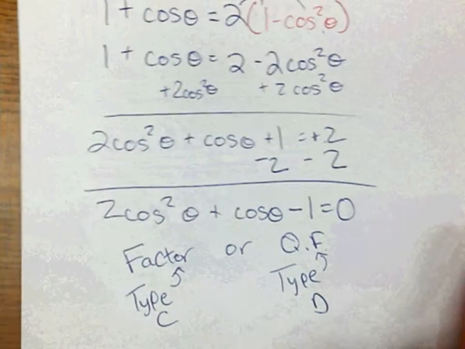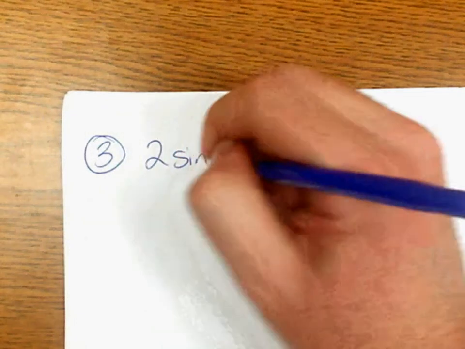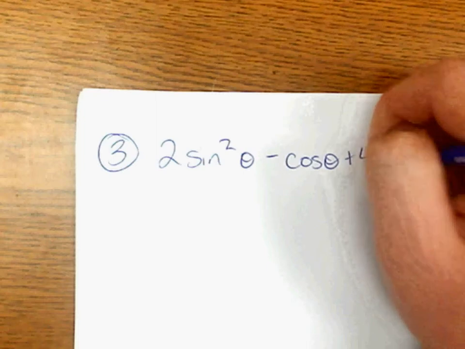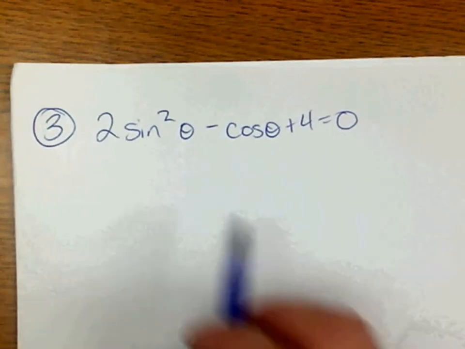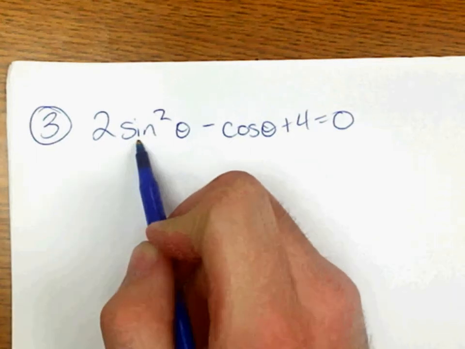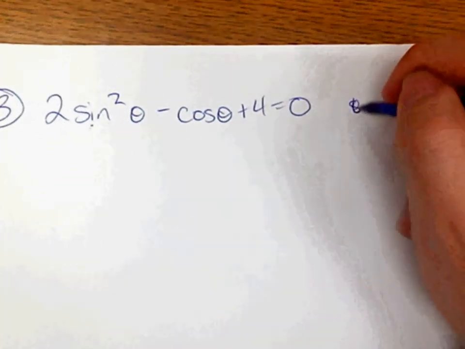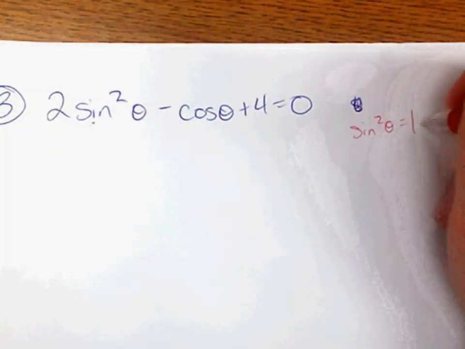And one more example. Very similar to the last one, but let's just make sure we really get what we're doing. This was a little more straightforward. Still sine squared theta, and I should already know, if I've done the last problem, that sine squared theta is equal to 1 minus cosine squared theta.